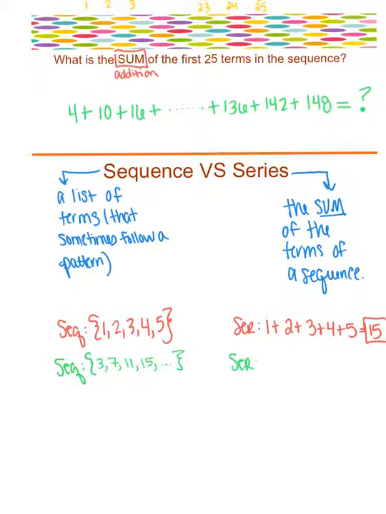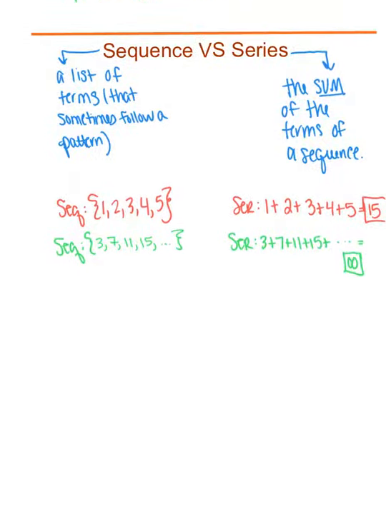So your corresponding series would be 3 plus 7 plus 11 plus 15 plus and so on. Since this series never ends and every term is 4 greater than the one preceding it, you're always adding a bigger number, so my sum is infinite. The series would be infinite.